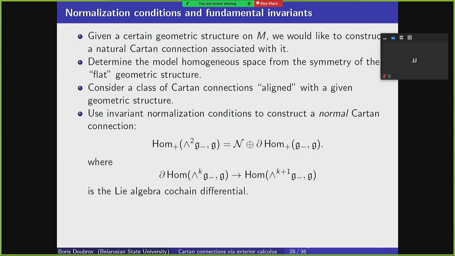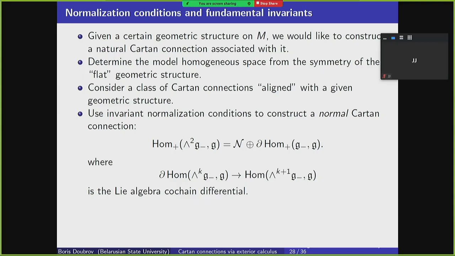Our normalization conditions mean that we want to put some linear conditions on our structure function, and this is algebraically formalized as choosing a certain subspace where our structure function takes values, with the requirement that everything is invariant under gauge transformations or right action of our structure group G0. This means that the subspace needs to be G0 equivariant.